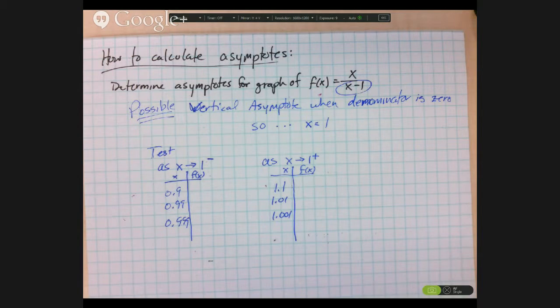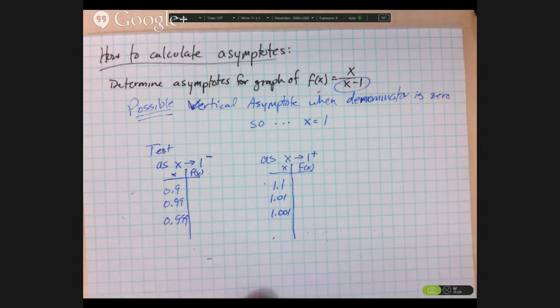Asymptote means they always approach one, but never touch. Are you with me on what we're doing?